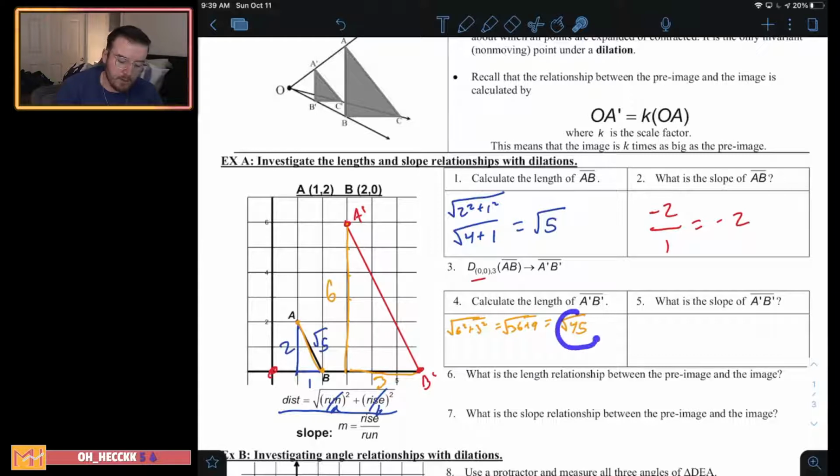So is the square root of 45 equal to 3 times root 5, right? Can I triple this and get this? The answer is yes. How can we prove that here? Well, you guys might remember from Algebra 1 how to simplify square roots.